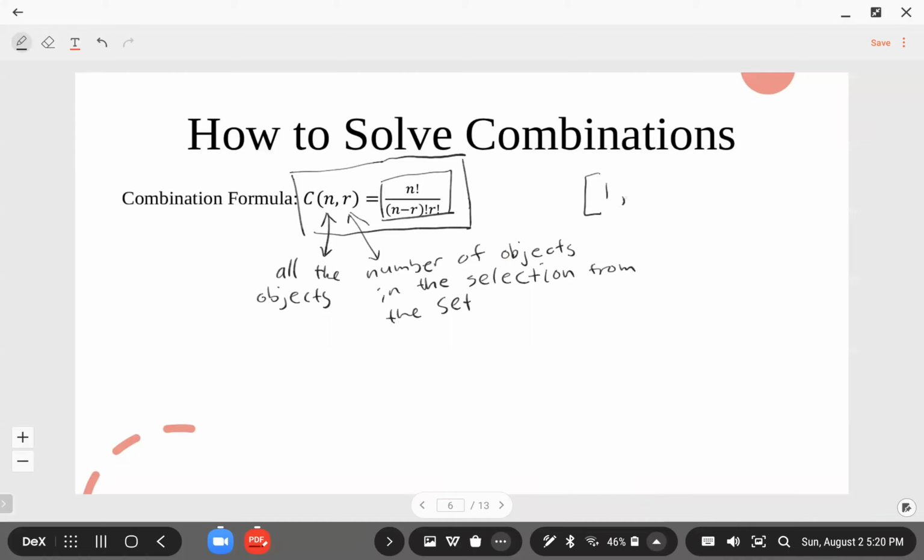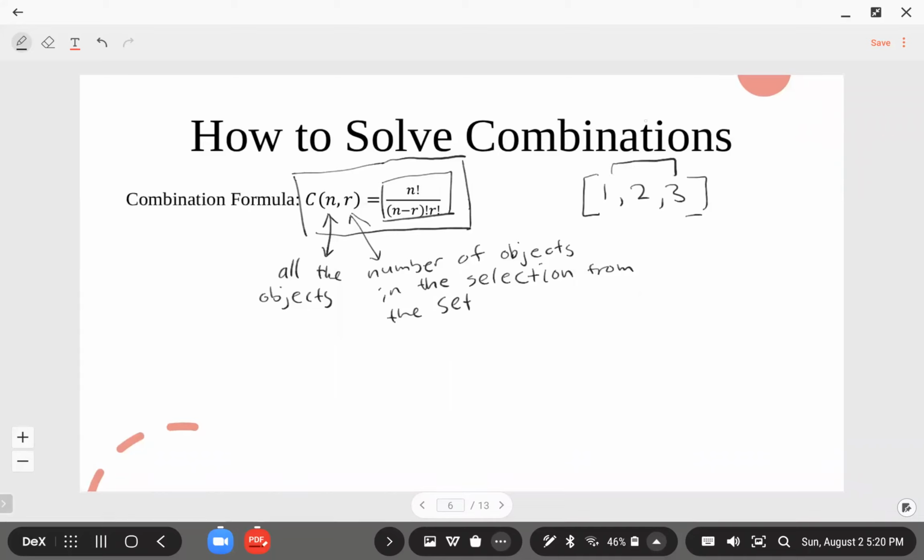Let's say 3, 2, and 1. That's an example set. All the objects in the set. The number of objects in the set. Okay, not all of the objects, the number of objects. Got that wrong.